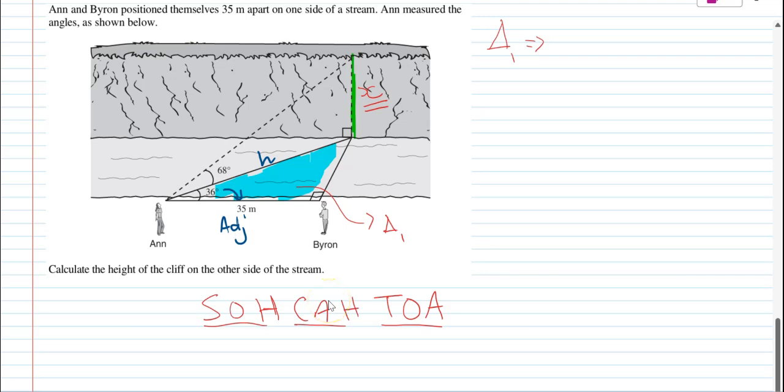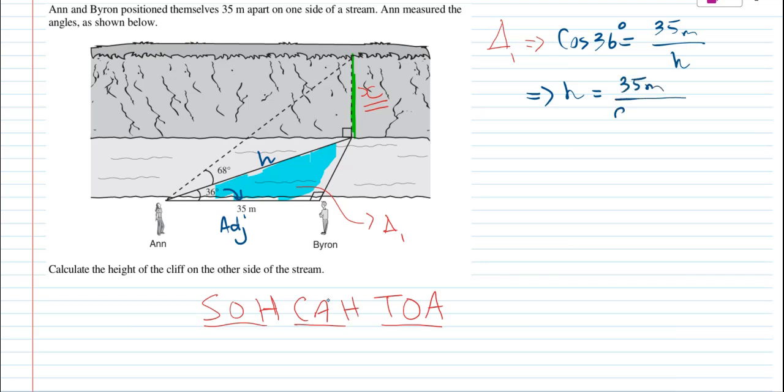All right, let's write it up. We have cos of 36 degrees equals adjacent, which is 35 meters, over the hypotenuse h. Let's do the math on this one. So the hypotenuse, apologies, is 35 meters divided by cos of 36 degrees.